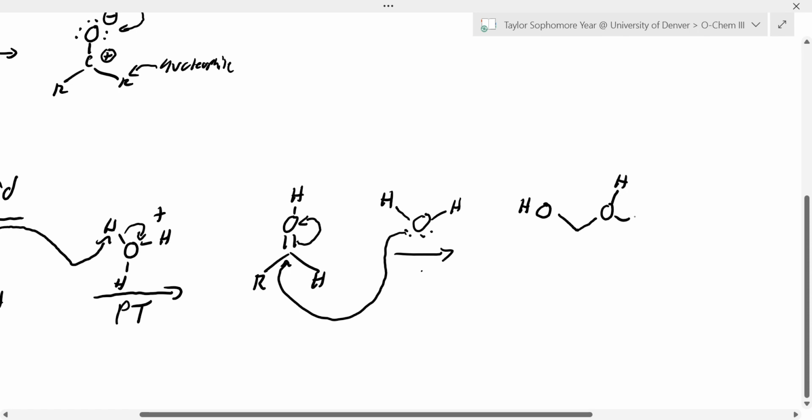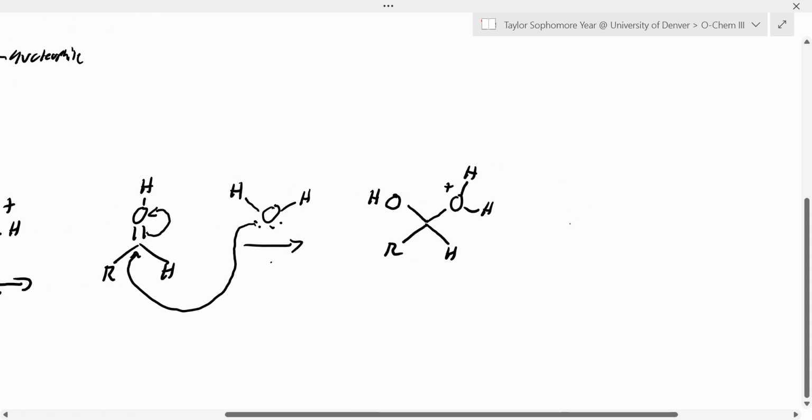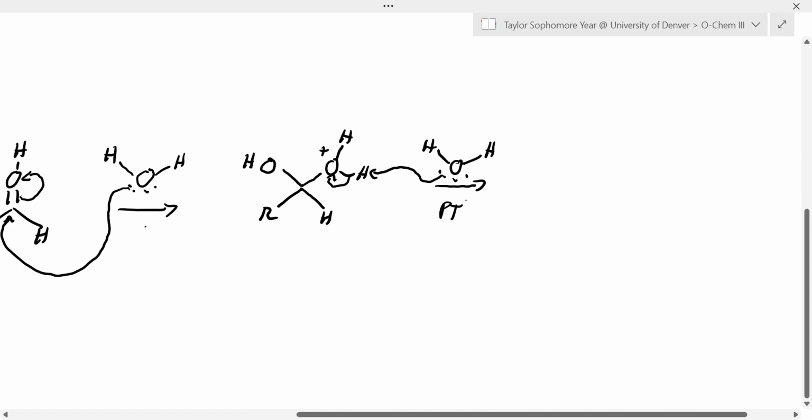The water is right here, and we have an R and an H. We can further use water again to deprotonate one of the waters in the compound. We take this out and do another proton transfer to now get OH, and then an R and an H. And that's how it is.